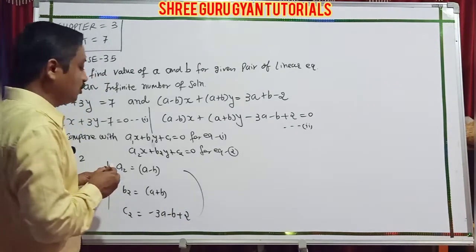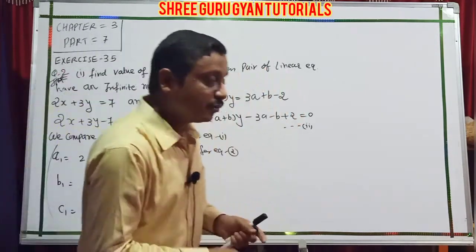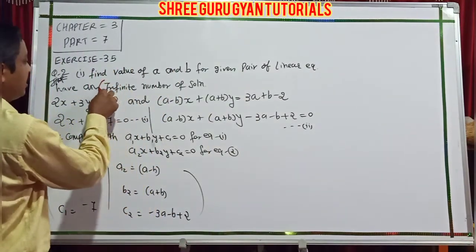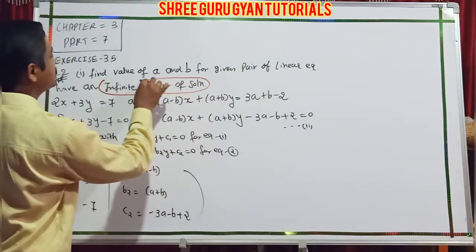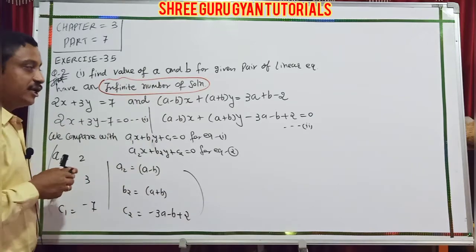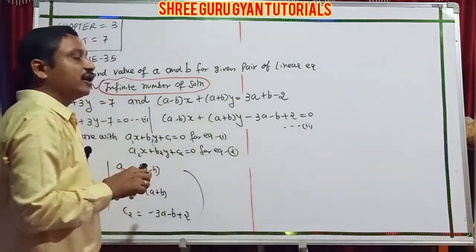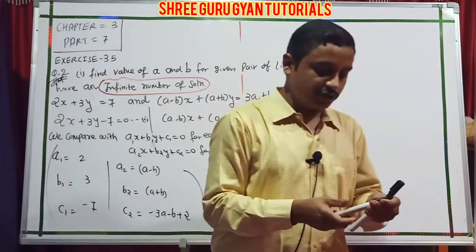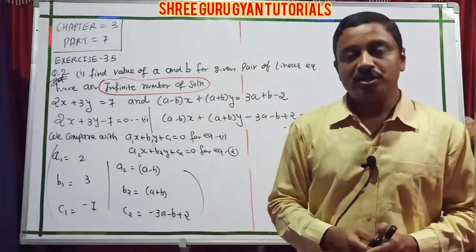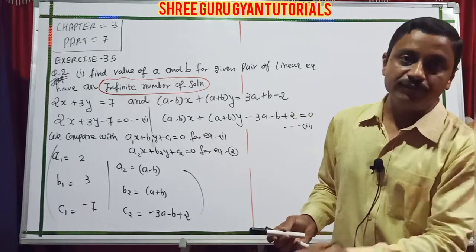Now students, I go to our conditions. What is the condition given? They have an infinite number of solutions. So I hope you know our third condition, and that condition is utilized in this numerical. Students, this numerical is a 3 marks question.